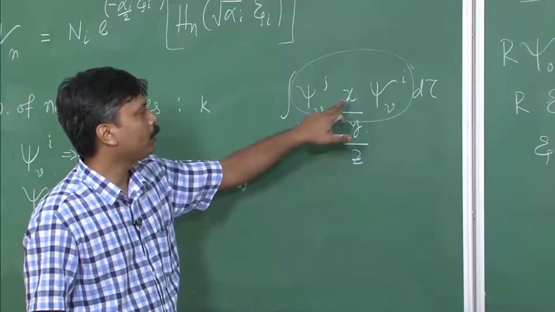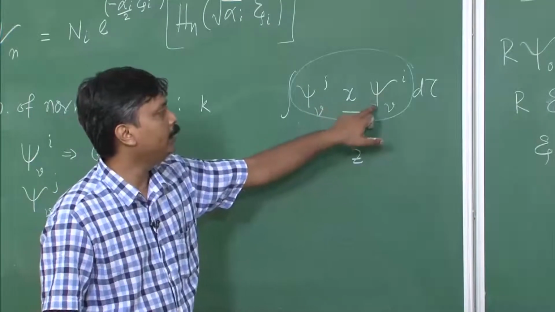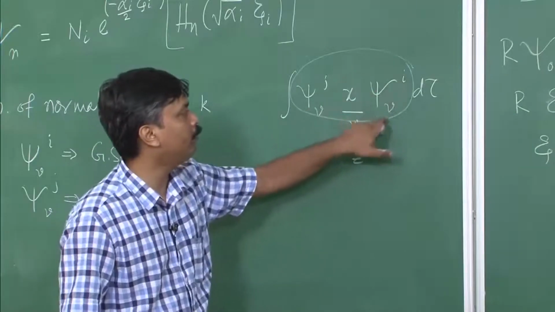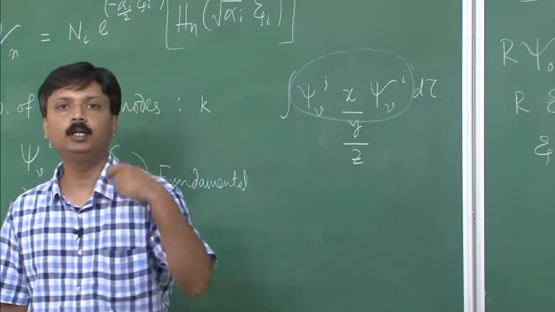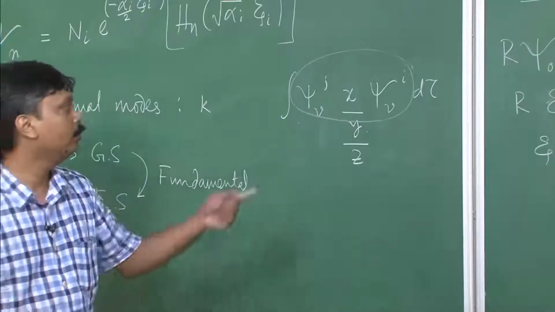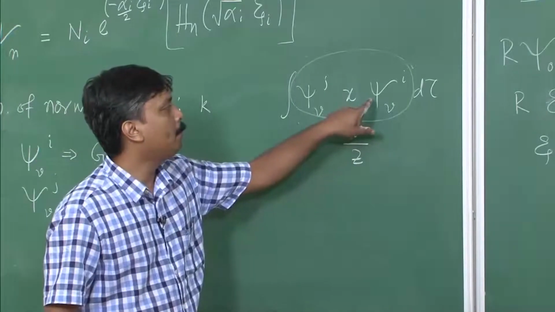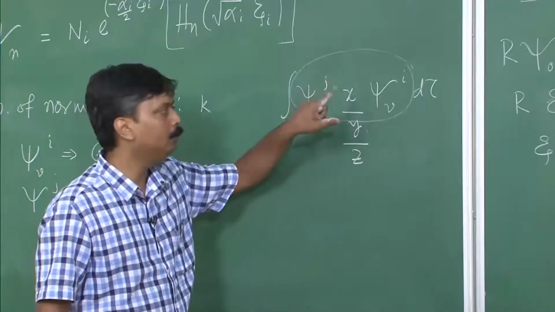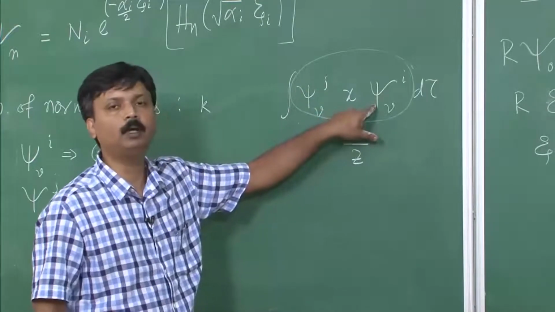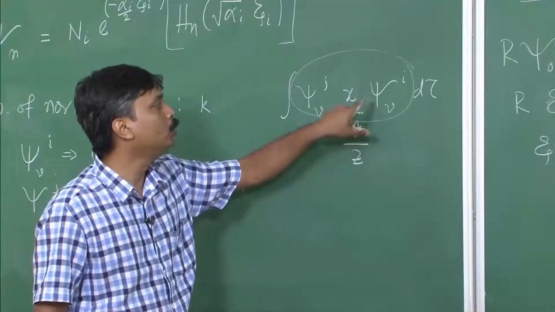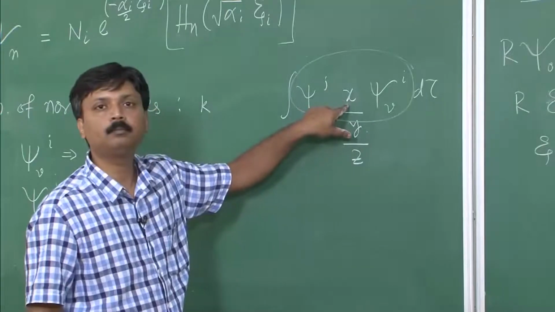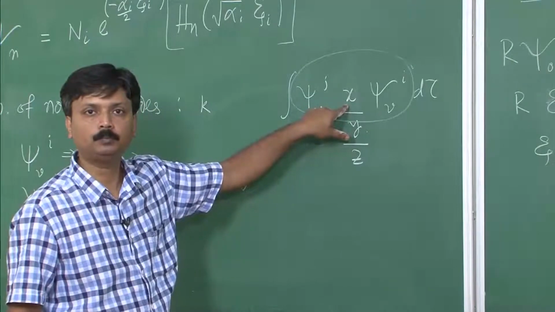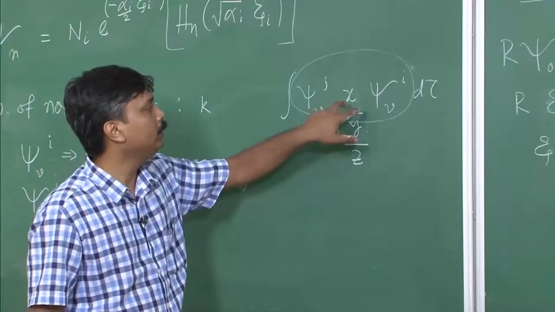So what that does mean is that this particular wave function, the wave function of the excited state, must belong to the IR to which x belongs, correct?